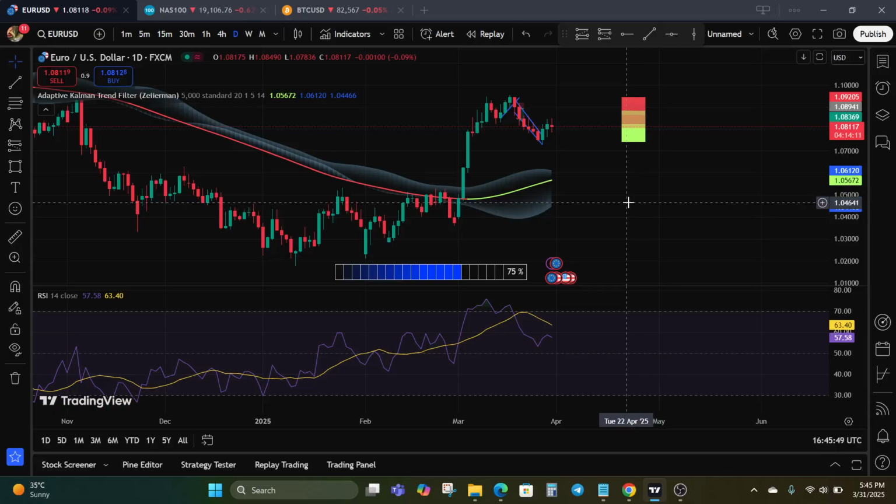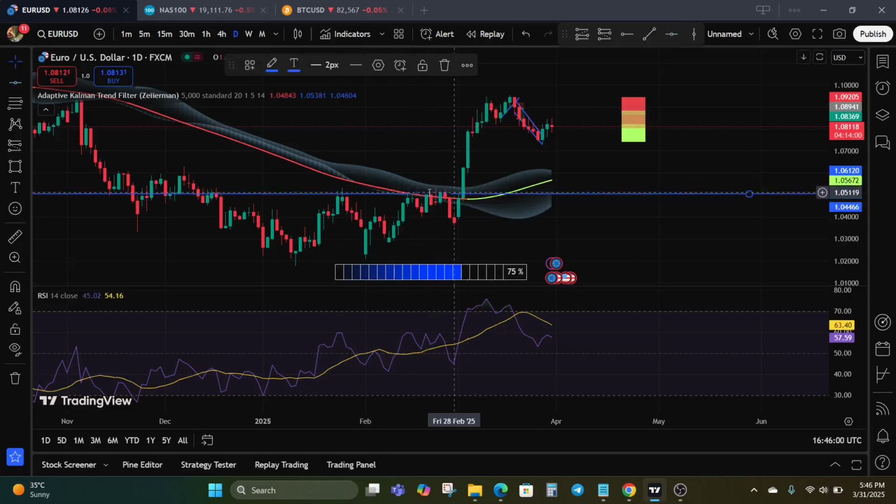And then you use key support and resistance levels for better entry points. For example, you have a buy signal around here, and then you notice that this point is actually an important point. This is a resistance zone that turned into a support after it was broken. So because of that, it adds to the validity of that buy, because a breakout happened and the bullish momentum was strong, so price kept going up.